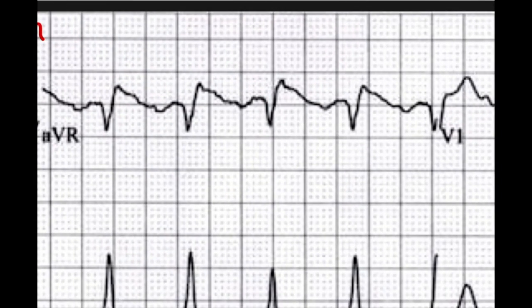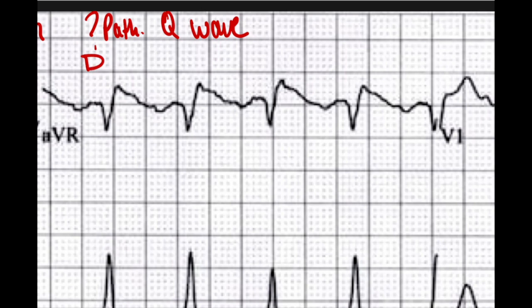AVR. You know AVR should be backwards, so we have that inverted P wave. We have this broad Q wave, so greater than 40 milliseconds. But as we come up to the R wave, we have two things going on here.